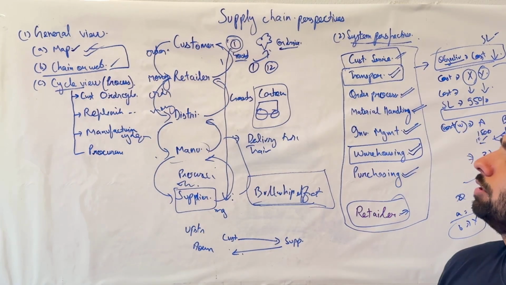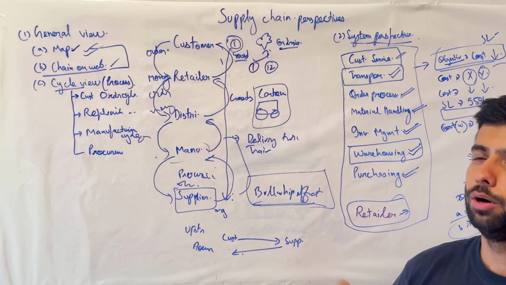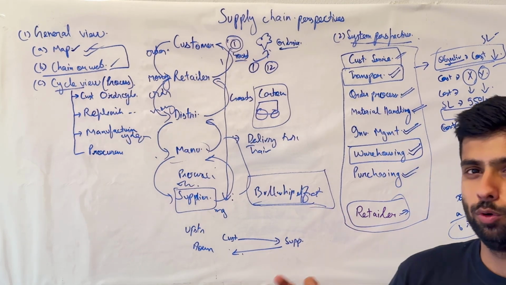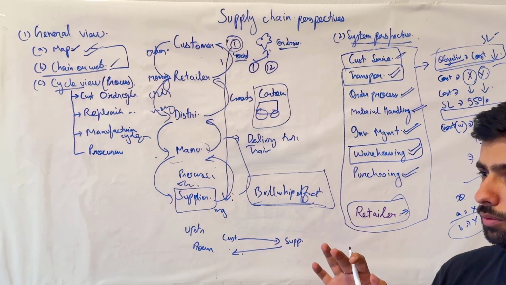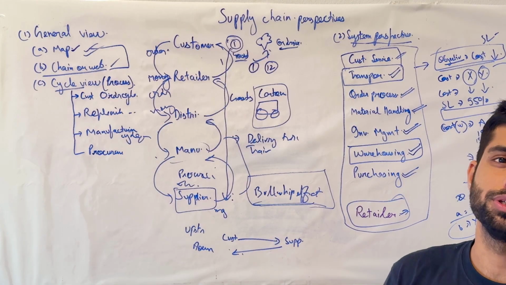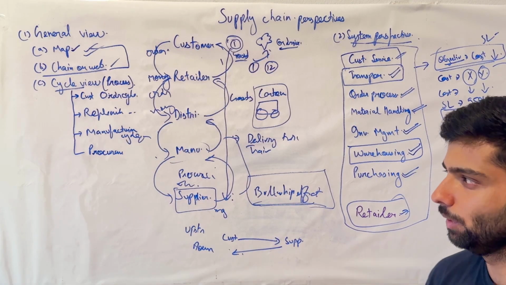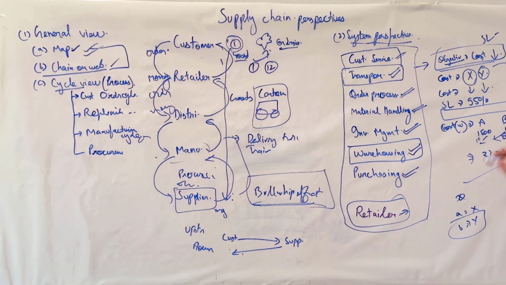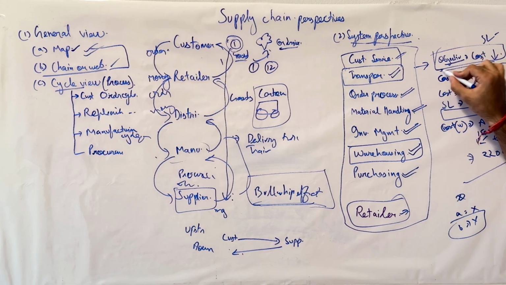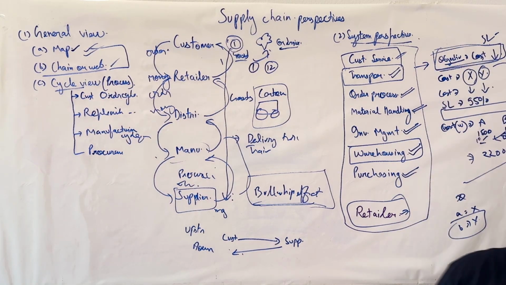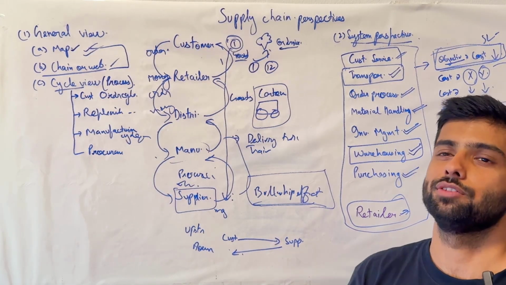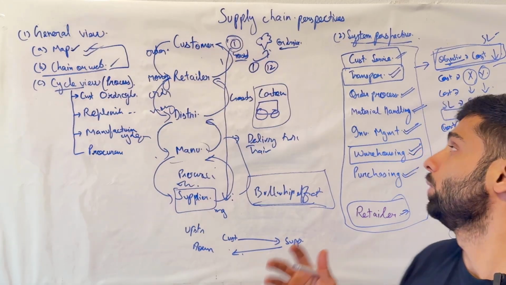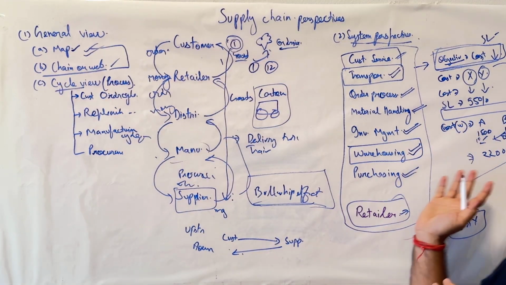I think this is more or less what I wanted to talk about, the supply chain perspectives or views. The idea was to introduce how you can represent supply chain in different ways. I know this might have seemed interesting and practical, but how do we solve it in real life? Of course, there are different tools that do that, because it's way more complicated than what I put here.